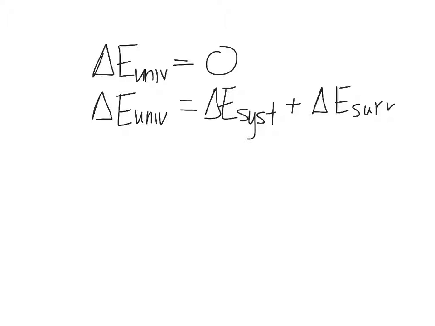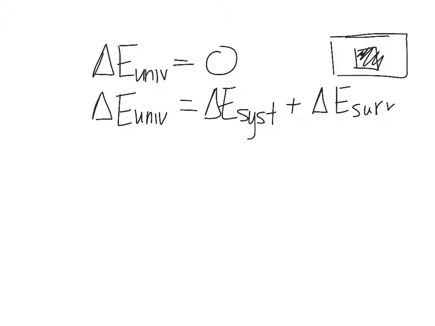Right? Total energy is the energy you're either in the system or you're in the surroundings. There's nowhere else, remember? Because our universe is a box. You've got the system, and you've got the surroundings.